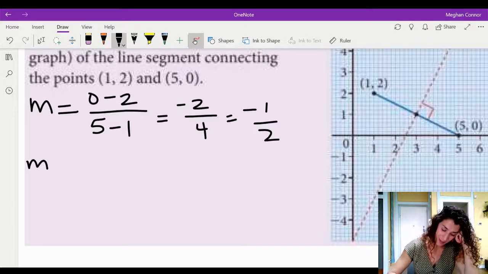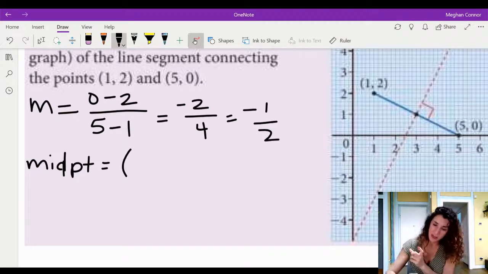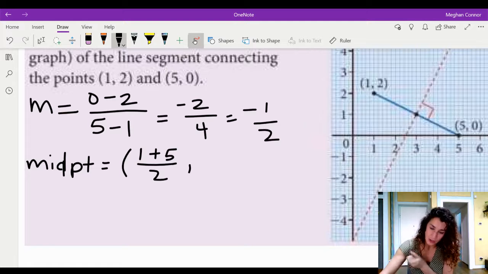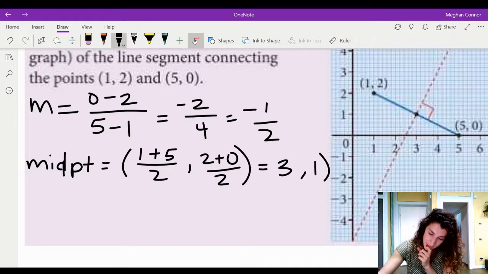And then the midpoint, remember that the midpoint is the average of your values, right? So I'm going to add up my two x values, 1 plus 5, and then divide by how many I added, which is 2. And then 2 plus 0 divided by 2. So that's going to be 3, 1.